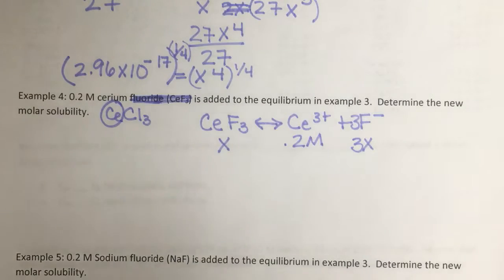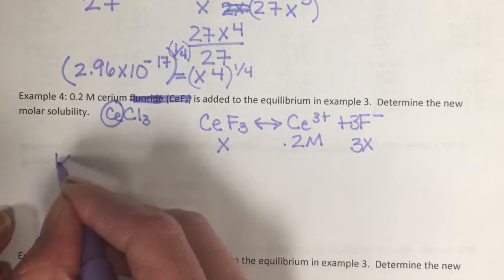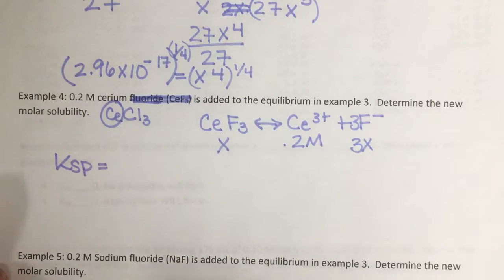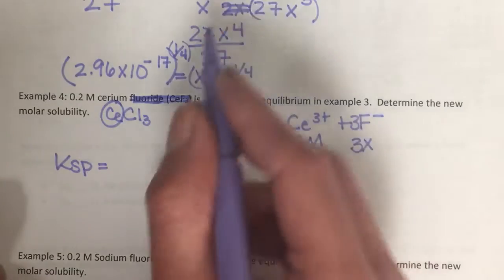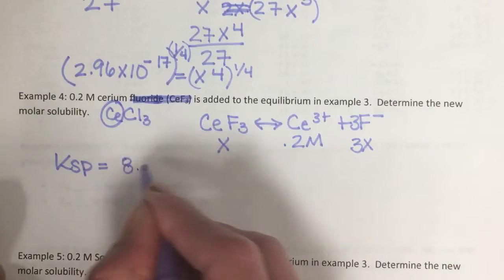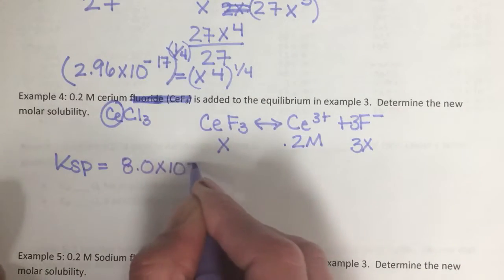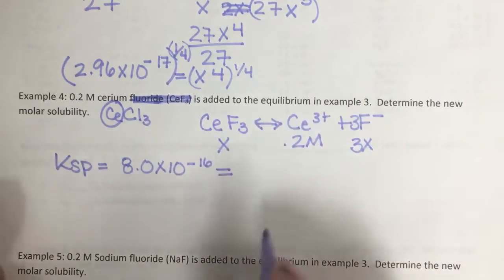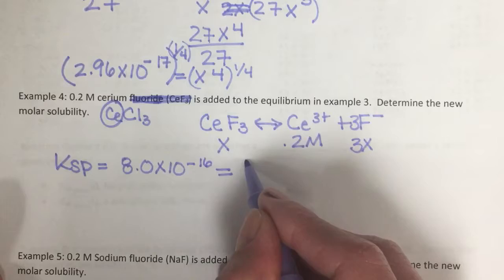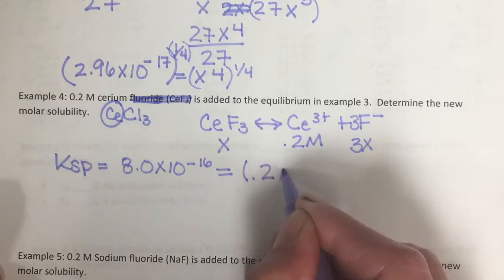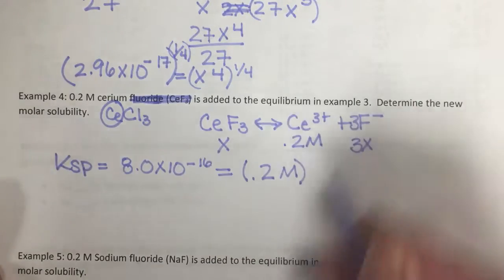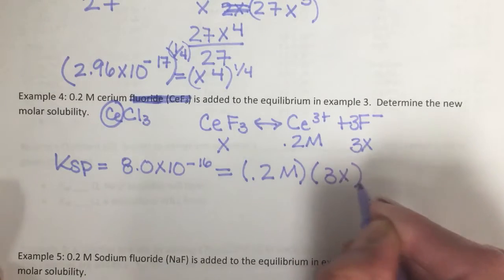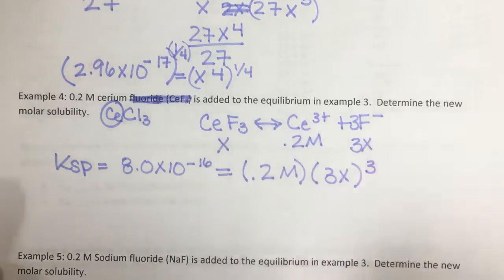Okay? So when I set up my KSP value, the KSP is still 8.0 times 10 to the negative 16th. This is my product, so 0.2 molar times F-, so 3x raised to its coefficient, 3.